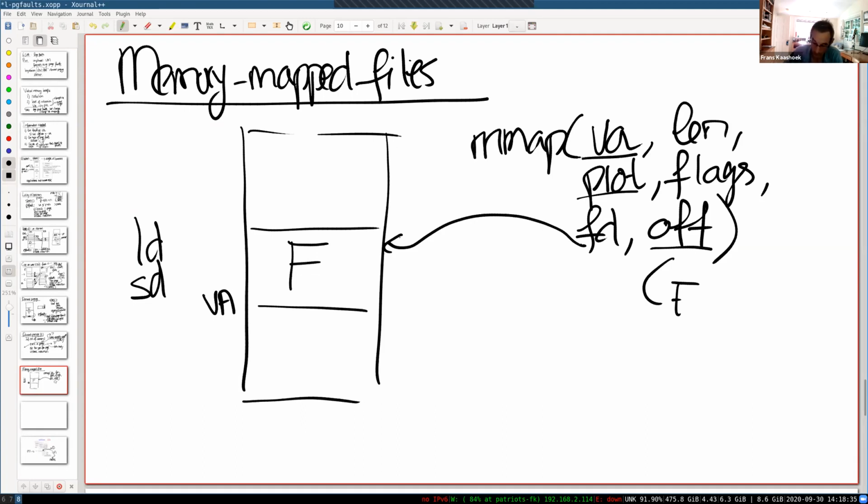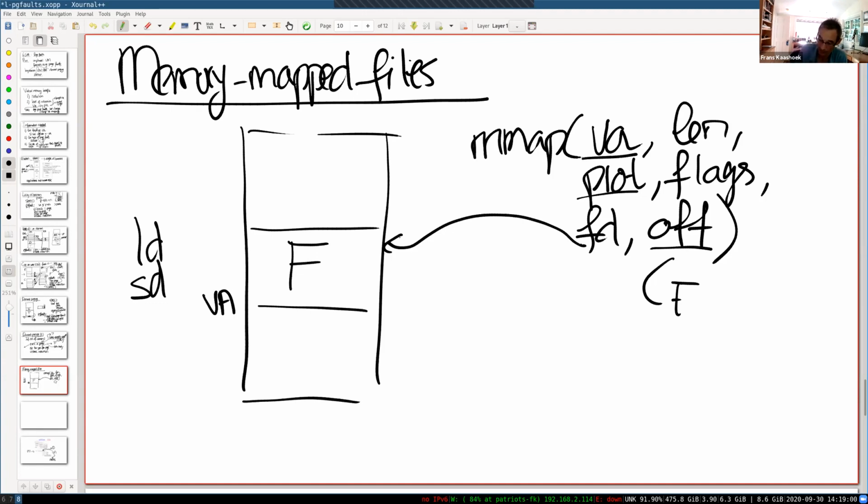The way the kernel implements mmap, if it does it eagerly, which most systems don't, is it would read all the bytes starting from the offset into memory and set up the PTEs to point to the physical memory where those blocks are located.